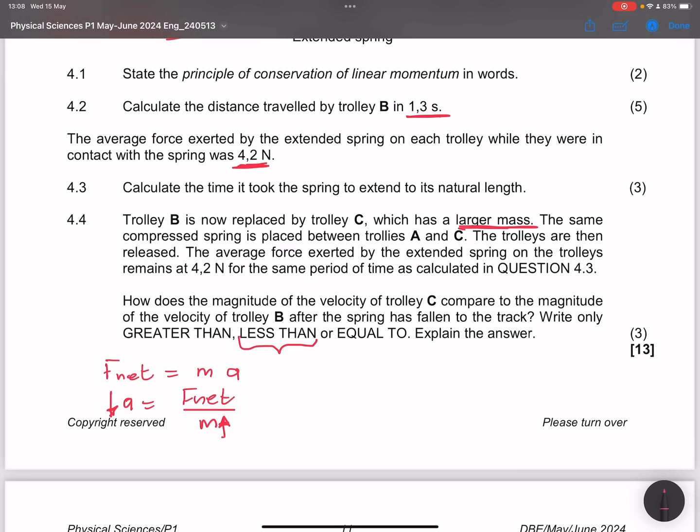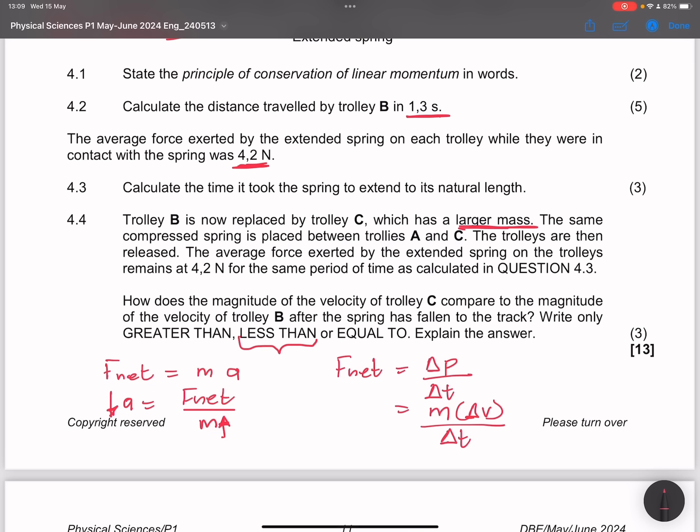Alternatively, we could use the impulse momentum equation, the one that we just used. We said that F net would be change in momentum divided by change in time. And note in this case that change in momentum is m times change in v, over change in time.